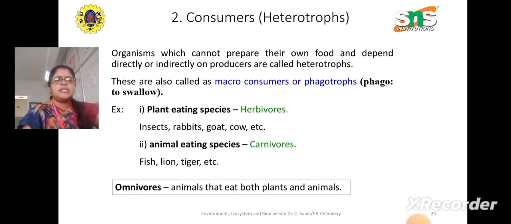Phago means to swallow, right? Plant-eating species are herbivores, for example insects, rabbits, goats, cows, etc. Animal-eating species are carnivores, like fish, lion, tiger, etc. There is one more type called omnivores, which depend on both plants and animals for food.